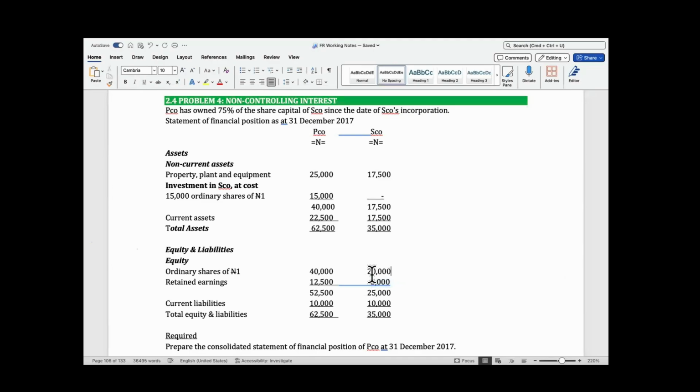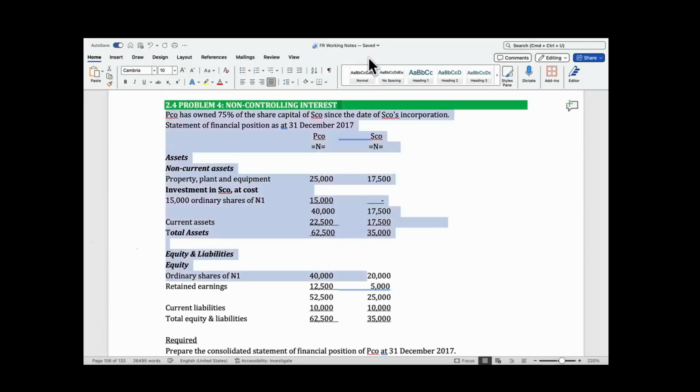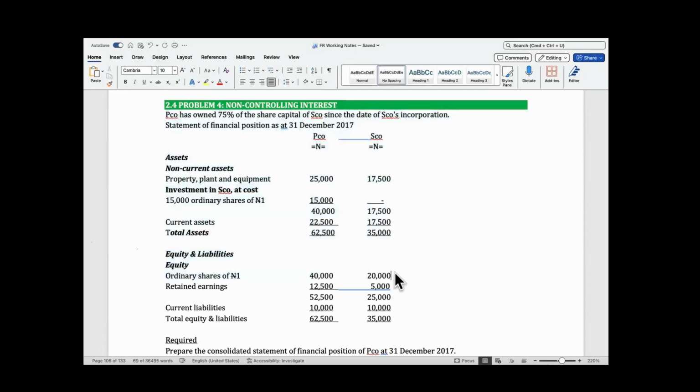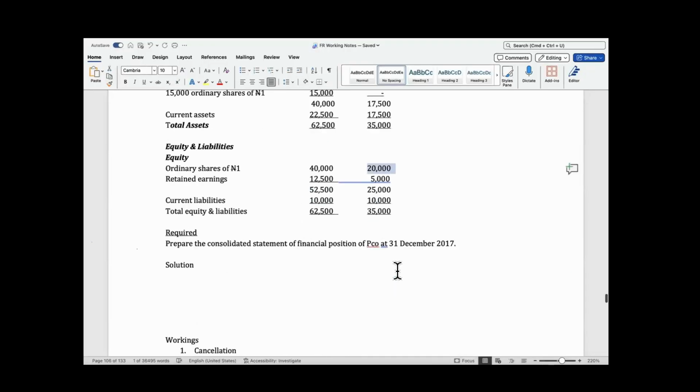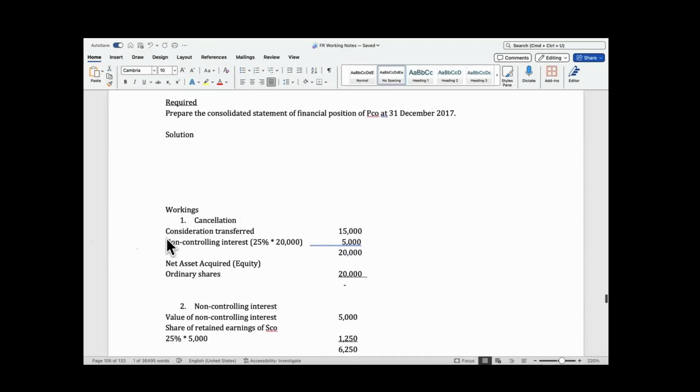Since I didn't buy the whole of the shares of ESCO, I can't cancel out everything. Anyone you did not cancel out, you call it non-controlling interest, which is why I'm calling it that. And in the process of cancellation, I need to bring this up also to 100%. So I'm comparing 100% against this 100% here, because this is the old shares. That's why when I want to cancel out, I introduce NCI here.